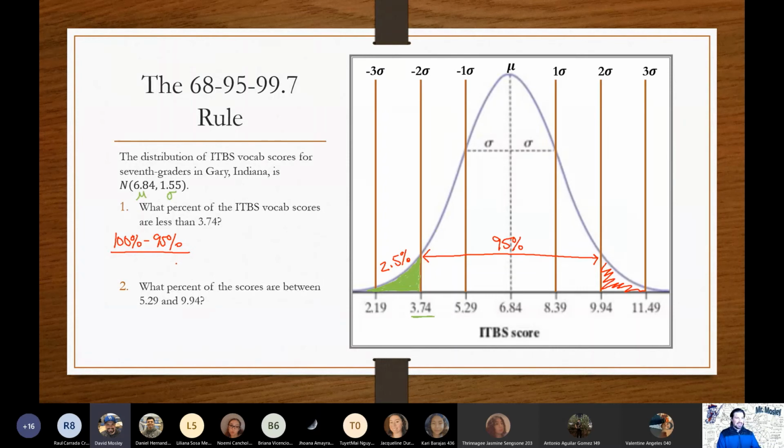And we only need half of that leftover space because we're only looking at half of what is left after taking away the 95%. So we divide by 2. The 5% divided by 2 equals 2.5%. So 2.5% of the ITBS vocab scores are less than 3.74.